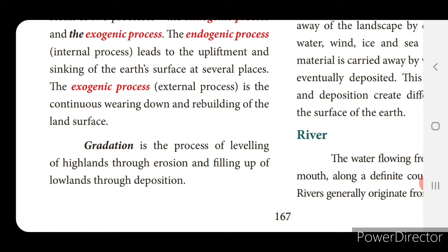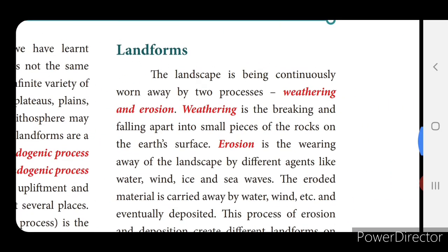Leveling of highlands is carried out by erosion and filling up of lowlands is carried out by deposition. Both processes we name gradation. So, gradation is the process of leveling of highlands through erosion and filling up of lowlands through deposition. Clear children?